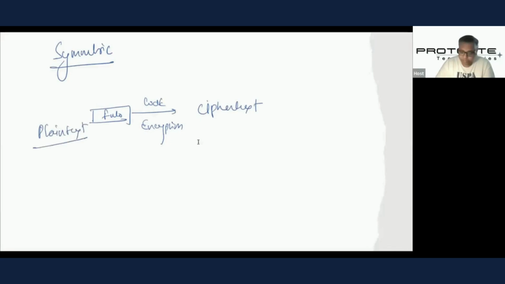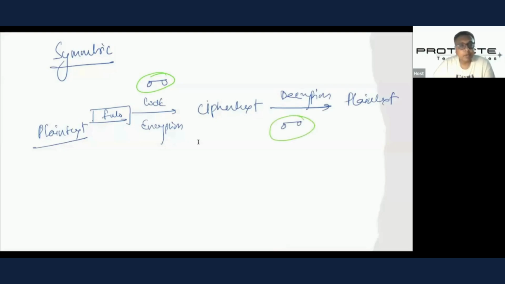Now, once you convert this into ciphertext, if you use the same key for the decryption operation, converting ciphertext back to plain text, then it is called a symmetric crypto system. You're locking it with the same key and opening it with the same key. That is the basic understanding of symmetric crypto systems.